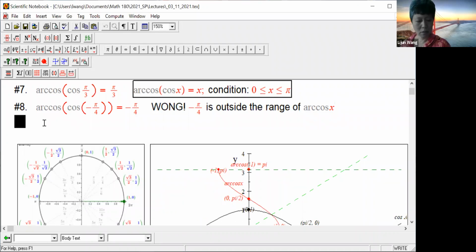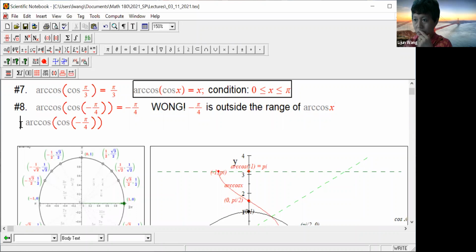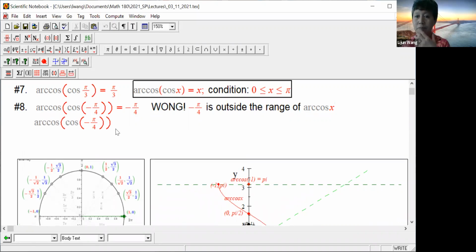Okay, that's number 8. What do we do? There are many different ways to do it. You can go by definition.